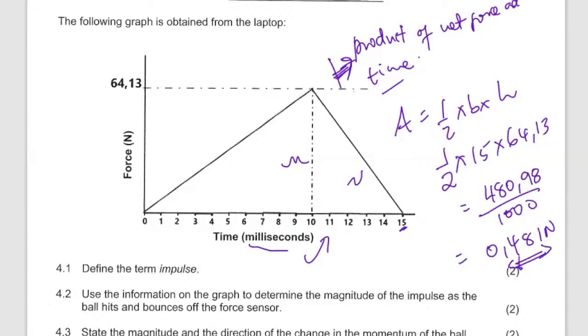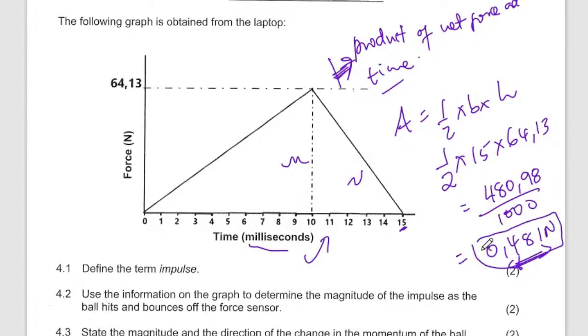Then 4.3, can we state the magnitude and direction of the change in momentum of the ball? So what we can see is the change in momentum is the same as impulse. We don't need to go back to the mass and the velocity.